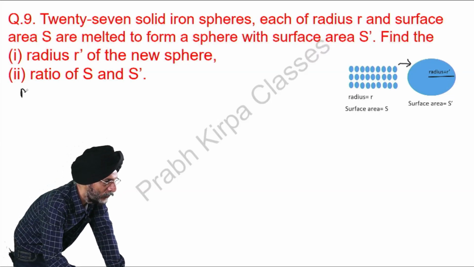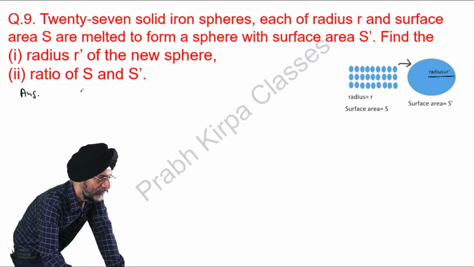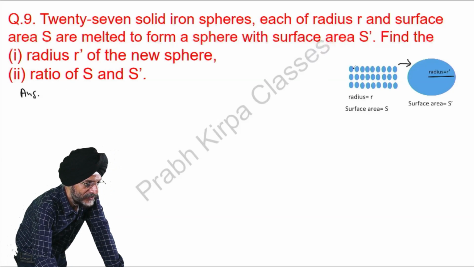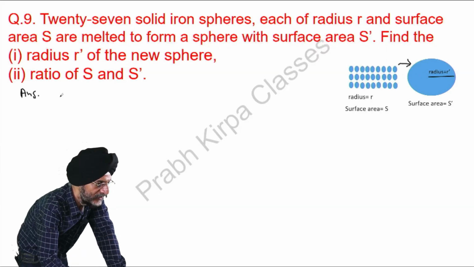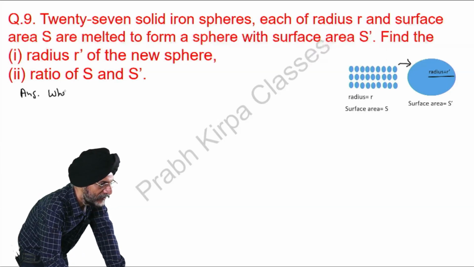So now we will try to solve this question. When one shape is melted to form another shape, the volume remains the same.